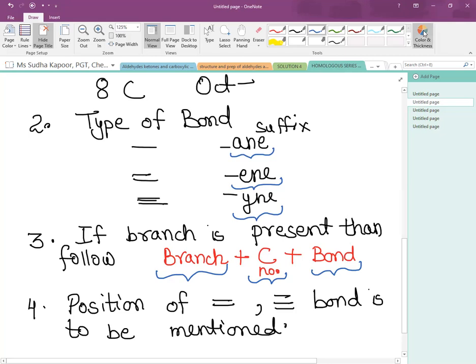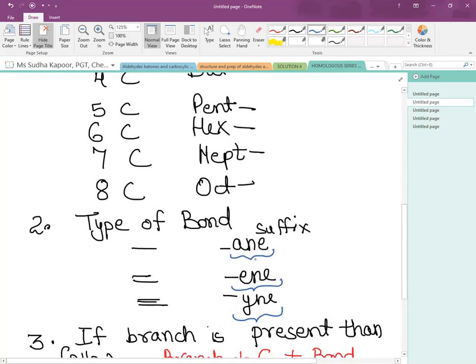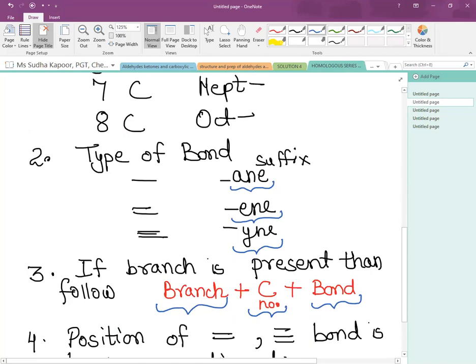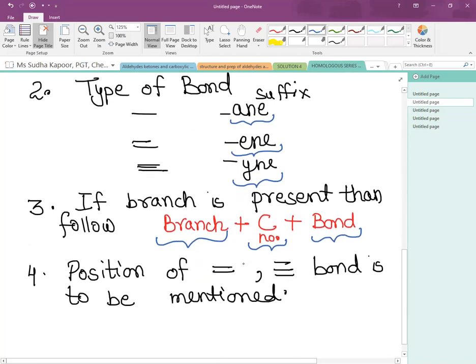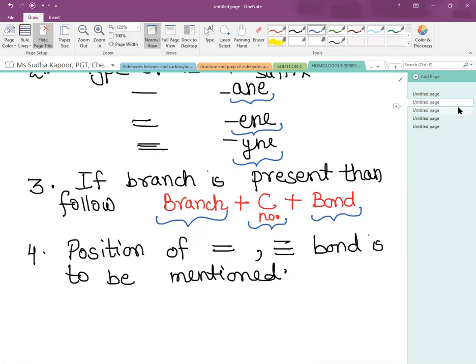So the rule for nomenclature is, remember how many carbons are there, remember which type of bond is there. If there is a branch, then we will give the prefix for the branch also. And if the double and triple bonds are changing their positions, then the position of the double or triple bond needs to be mentioned.